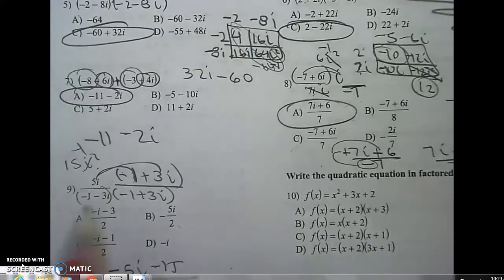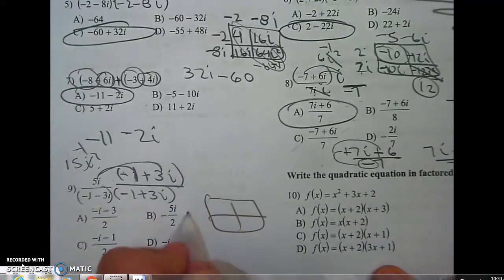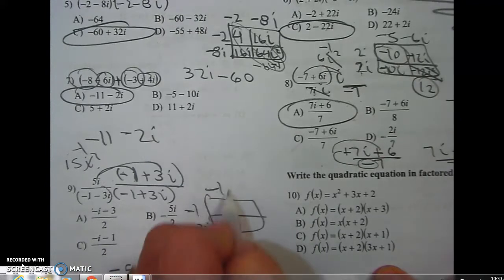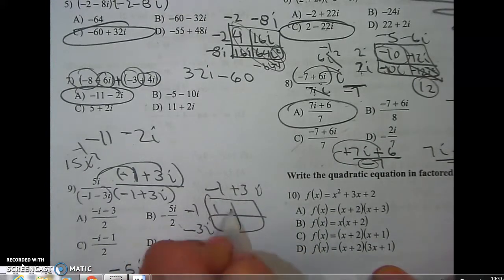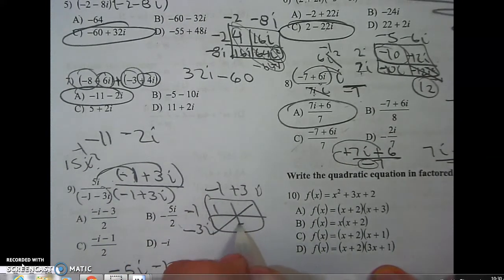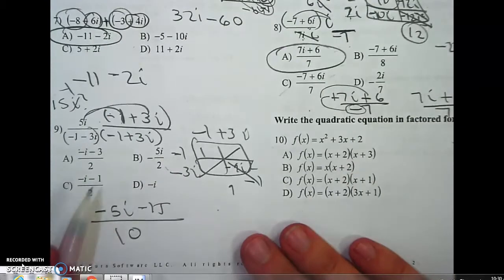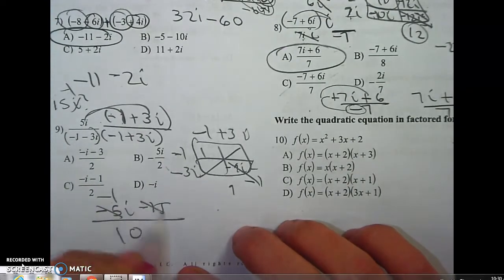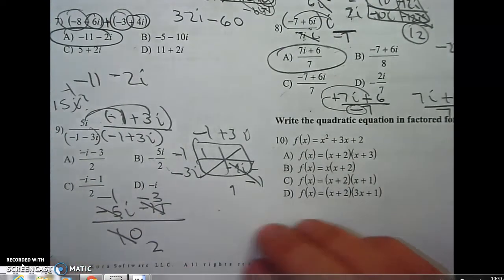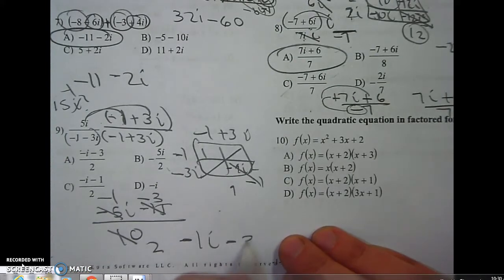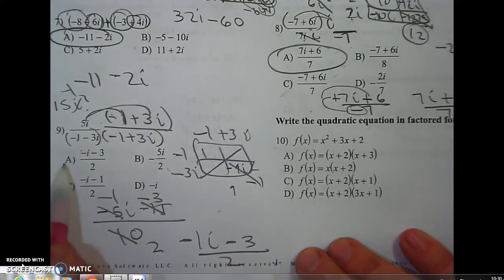I'm going to box this out. Negative 1, negative 3i, negative 1 plus 3i. 1, those cancel. Negative 9i squared, negative 1, positive 9 over 10. I notice they all divide by 5. Negative 1, negative 3, 2, negative 1i minus 3 over 2.